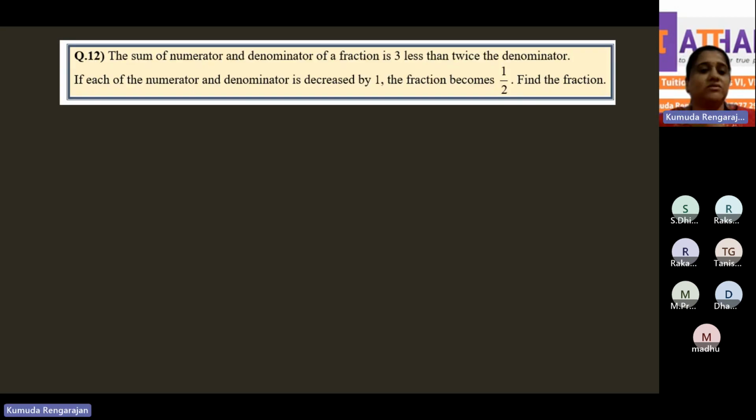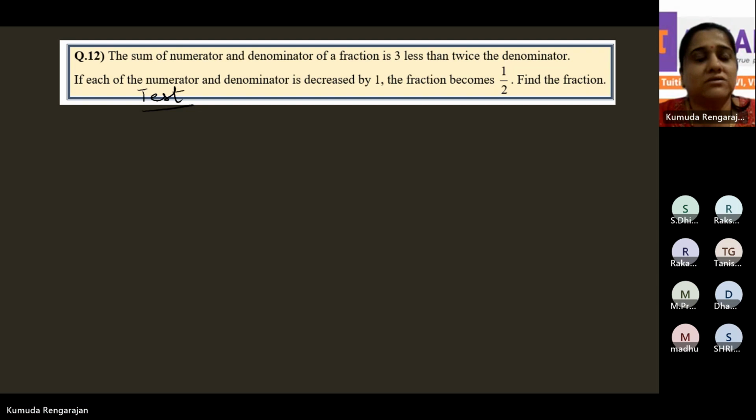Yes, children, this is a test. Do this. I'll read the question for you. Class, write on the question. The sum of the numerator and denominator of a fraction is 3 less than twice the denominator.